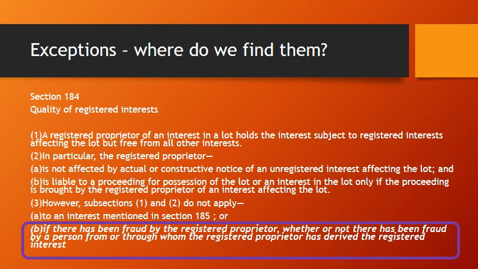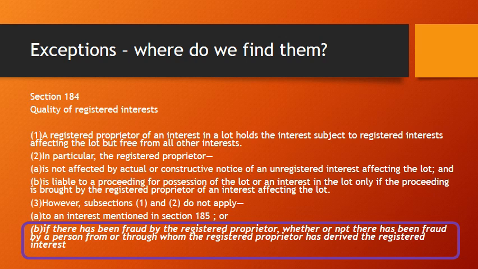So where do we find these exceptions in the legislation? Well, they're found in two sections. Section 184, which is our key section that talks about the benefits of indefeasibility. You can see there the quality of registered interest has three main provisions. The first is the key one that talks about indefeasibility, that if you become registered, you're only subject to other registered interests.